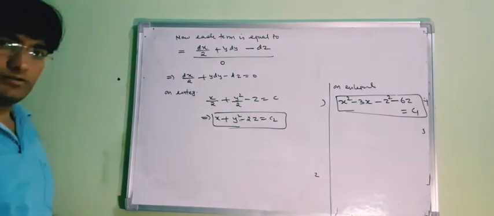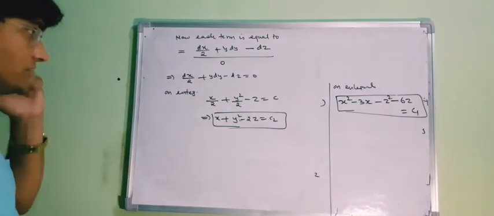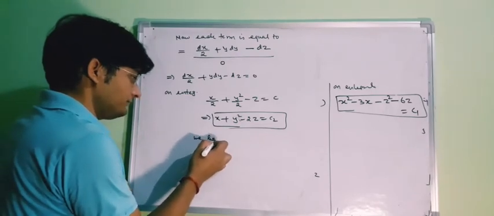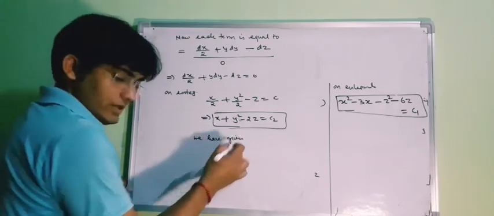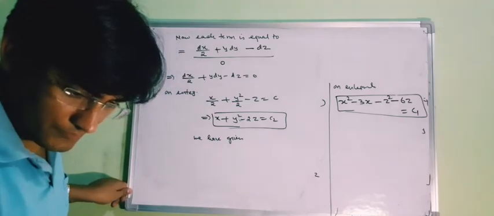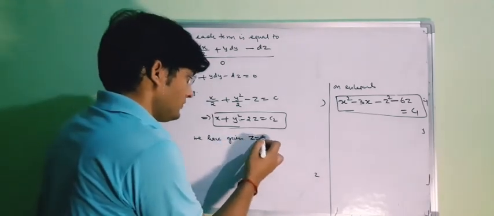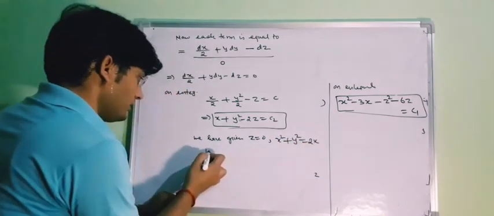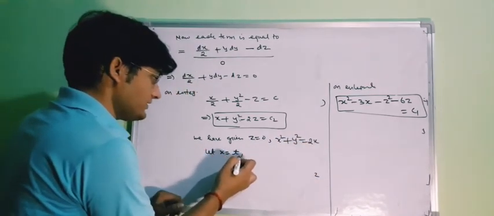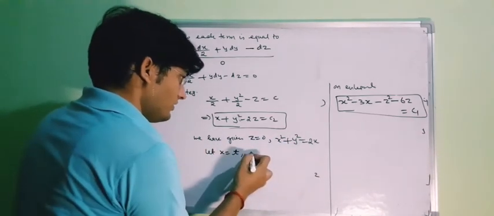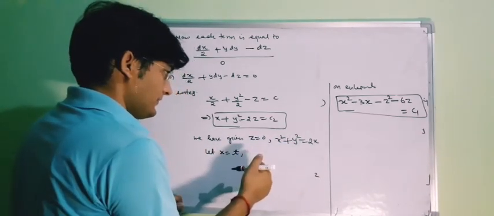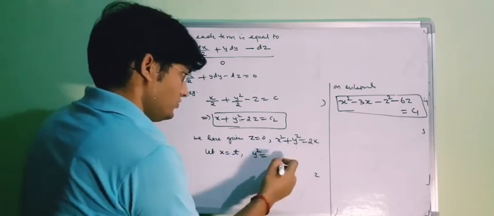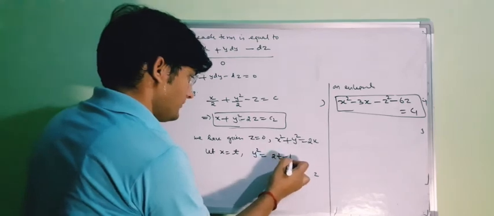Now to find the integral surface, let us assume we have been given the equation of a circle as z equal to 0 and x square plus y square equal to 2x. So let x equal to t. Now if x is equal to t, then y square will be 2t minus t square.